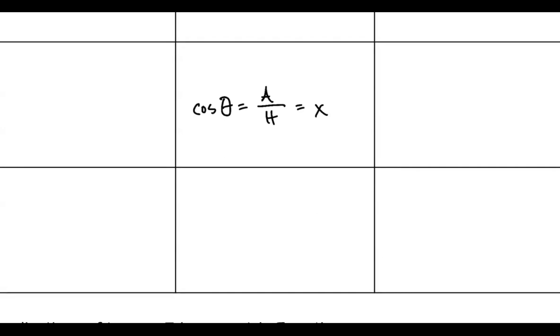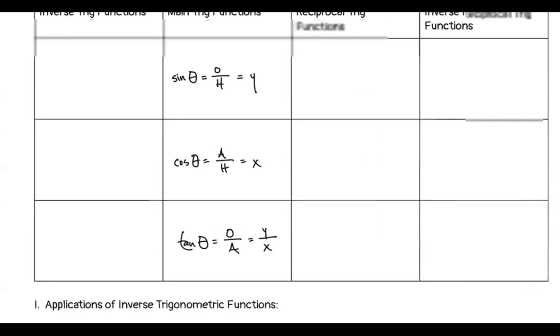Great. Last one here. Perfect. We've got tangent theta. And what are two ways that maybe we can write tangent theta? Perfect. All right, so we've got opposite over adjacent, or we can say y over x, right? So those are the main trig functions.